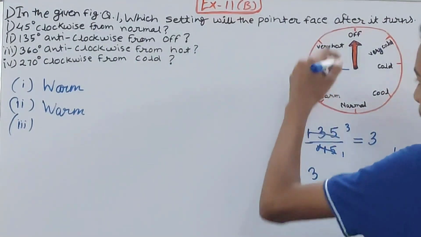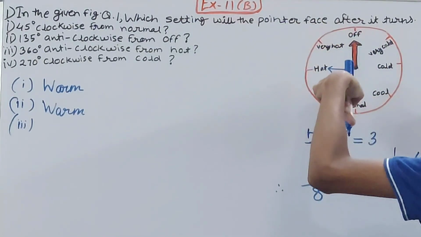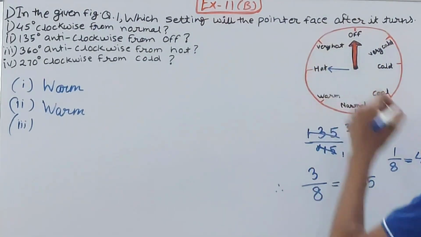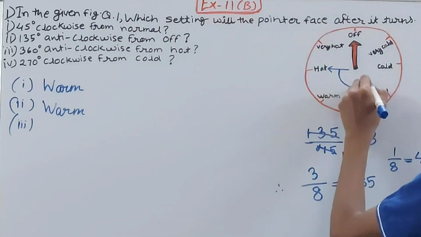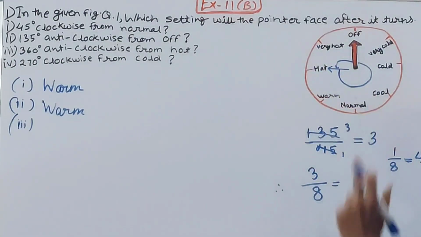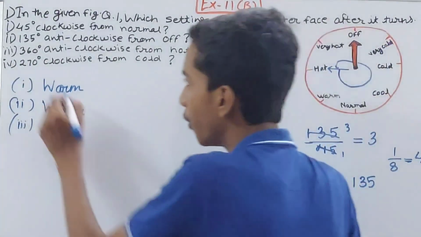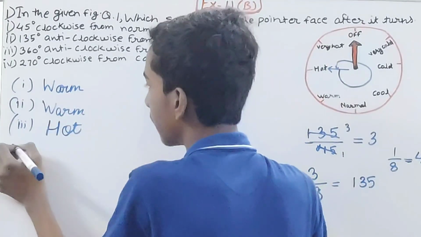Since it is anti-clockwise, you go opposite to the direction of the clock. So you just go around, and you're back at the original point. You will always be back at the original point when you go 360 degrees. So you get your answer as hot.